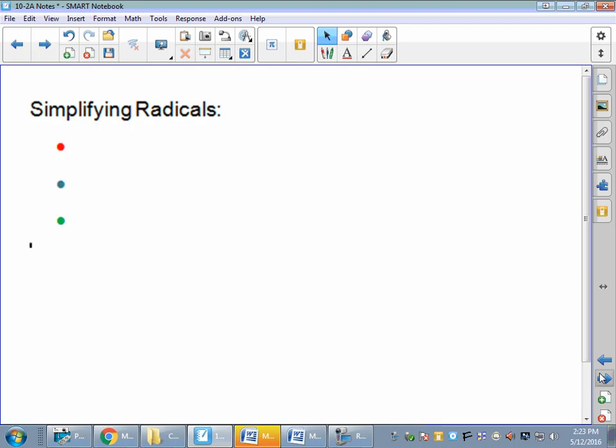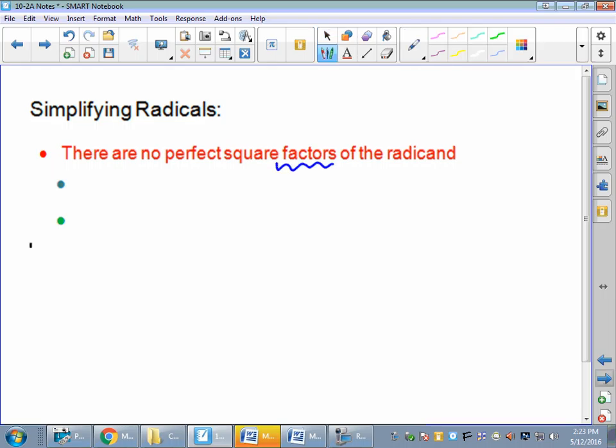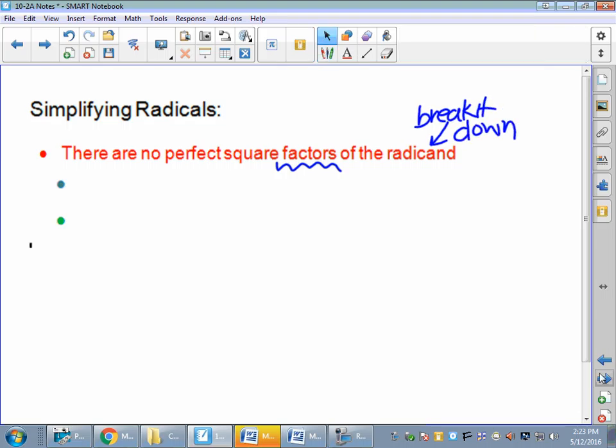So there's 3 rules when simplifying radicals. The first rule is you cannot have any perfect square factors of the radicand. So in other words, we have to look at the radicand and break it down. Second rule is there are no radicands that are fractions.